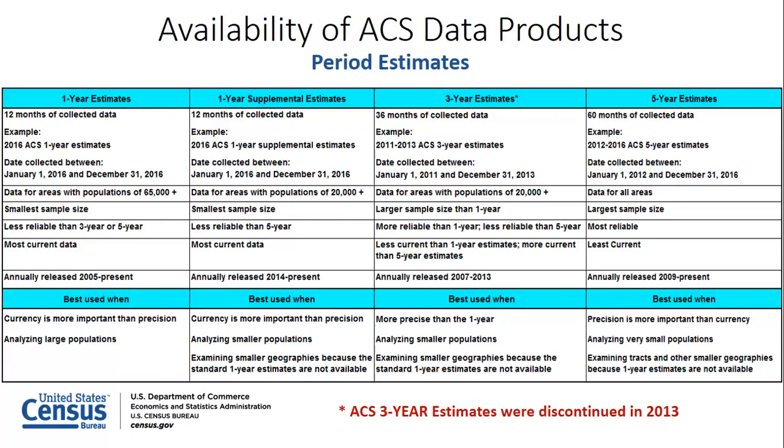So if you wanted ACS data for Cleveland, Ohio, for example, you can use either the 1-year or the 5-year estimate, because Cleveland has a population of just over 380,000. The one-year estimates are more current, whereas the 5-year estimates are more precise because there's more data going into the 5-year estimate.